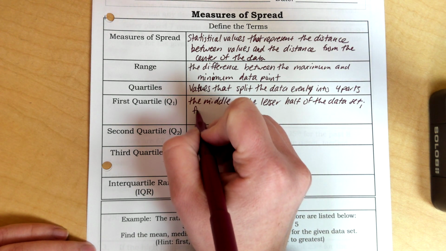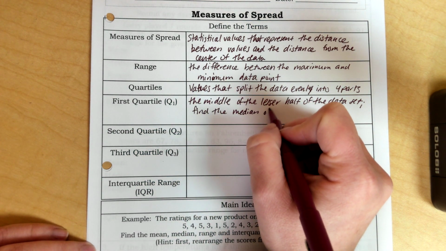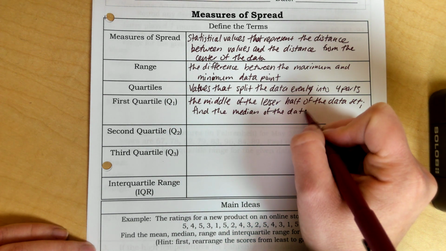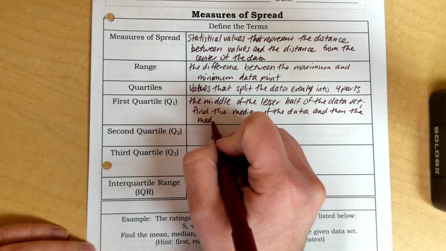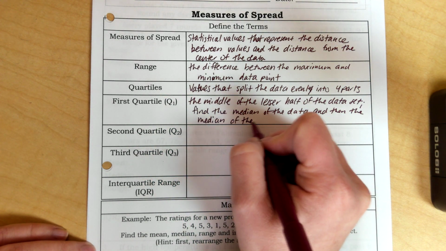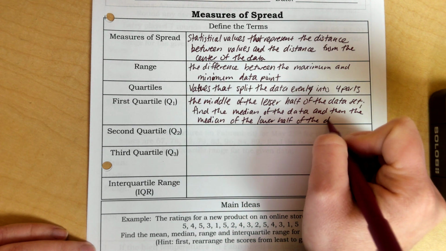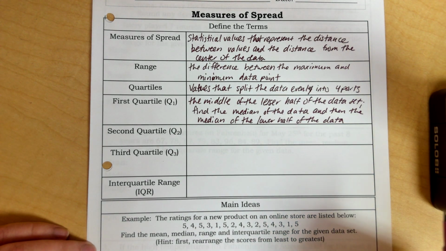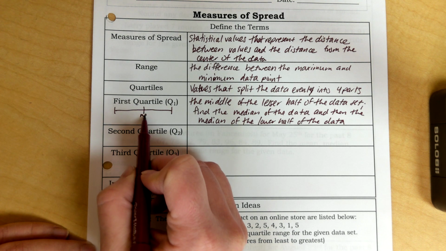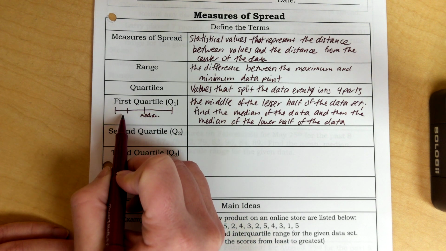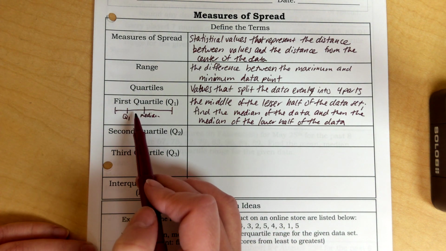To find it, you find the median of the data, that middle number, and then the median of the lower half of the data. So we're splitting this, and that is that quartile 1 number. It's going to be the middle of the lower half of the data.